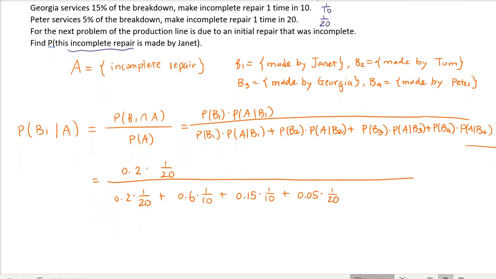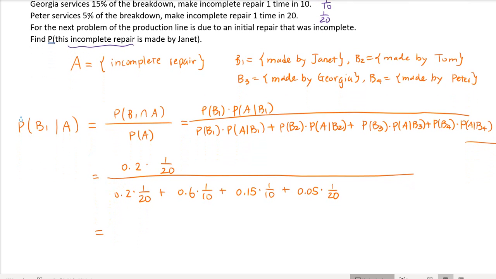Okay, what is this? All right, so let's see. I would like to simplify this first before I type into the calculator because it has a lot. So I want to multiply the numerator and denominator by 20. Then the numerator now becomes 0.2.